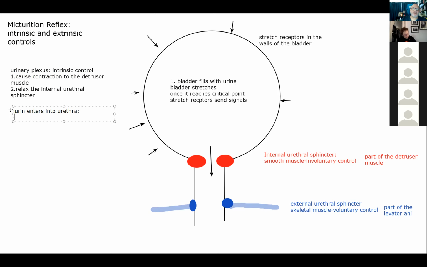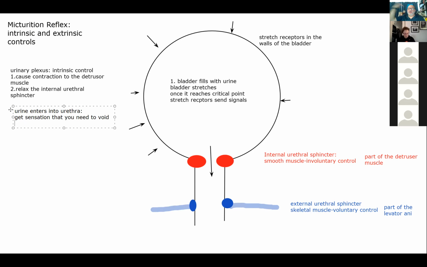We have sense receptors in there. So we perceive the contraction of the bladder, we perceive the urine in the urethra, and we get the sensation that you need to void. All right? This is when you start doing the pee-pee dance.